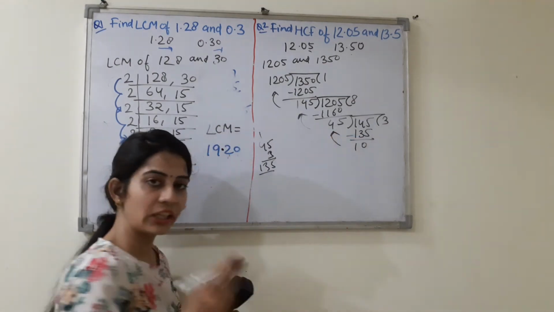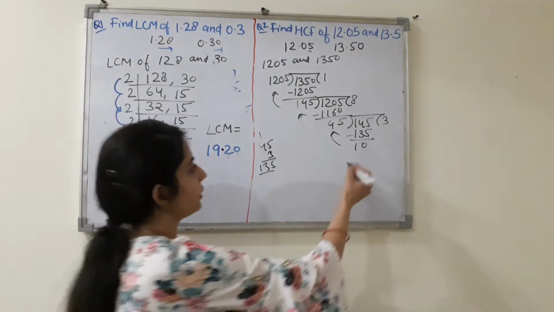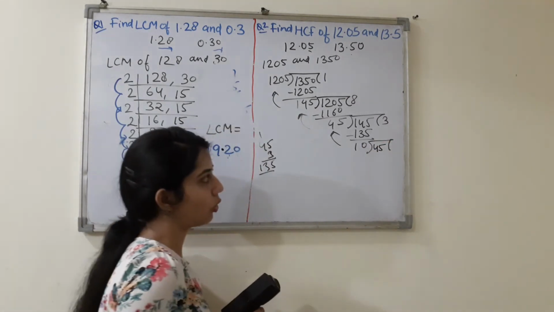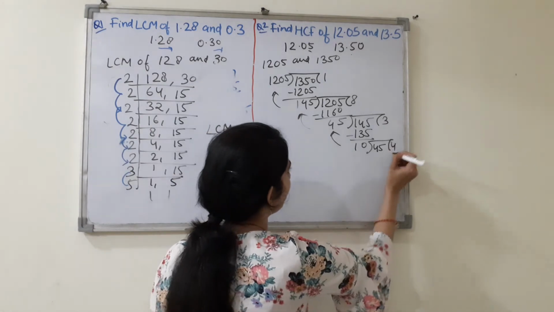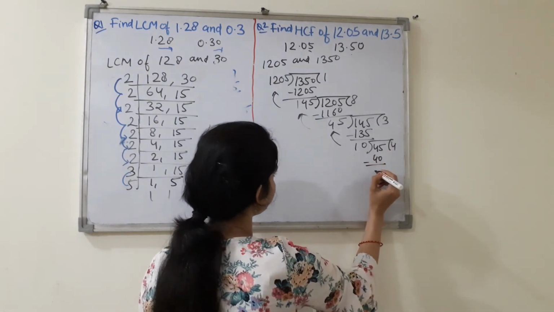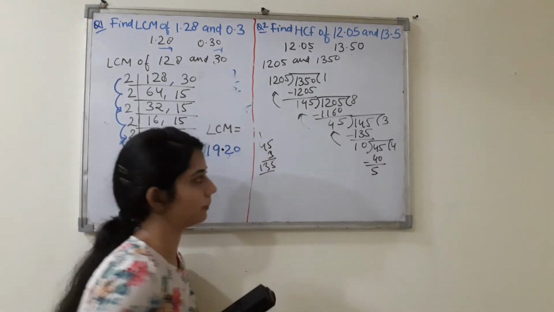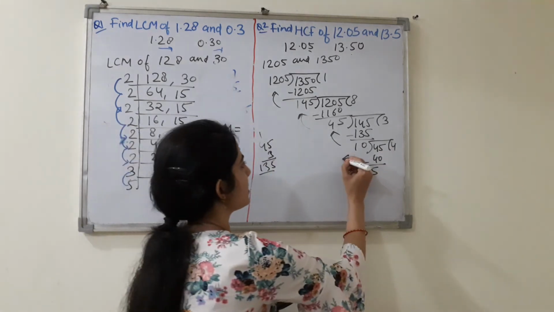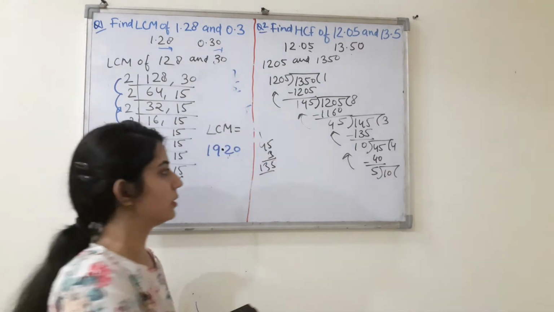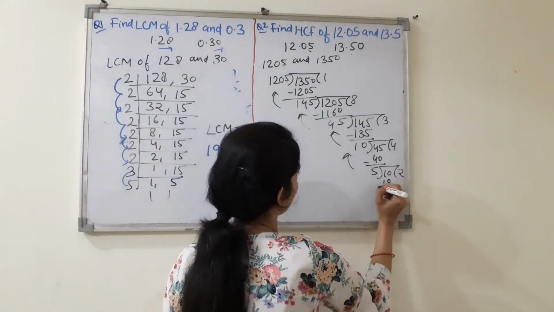Now this 45 will become the new dividend, so you will divide it by 10. How many times will it go? 4 times. So 40 will come, and here 5 will come. Now this is the new dividend. So 5 into 2, 10.